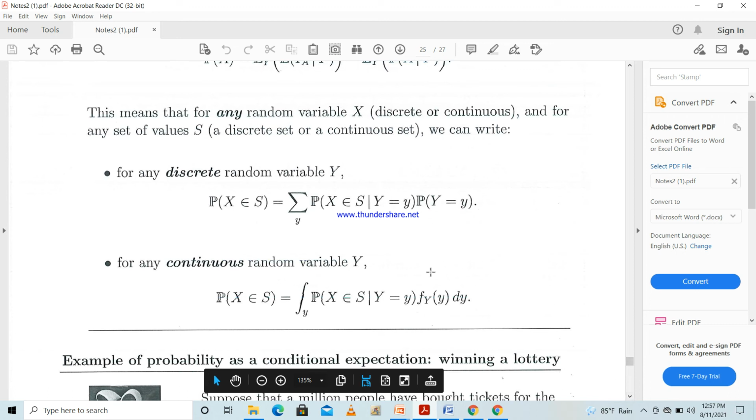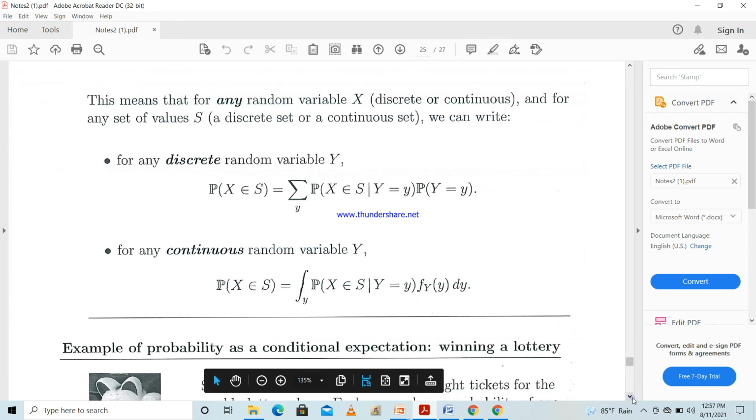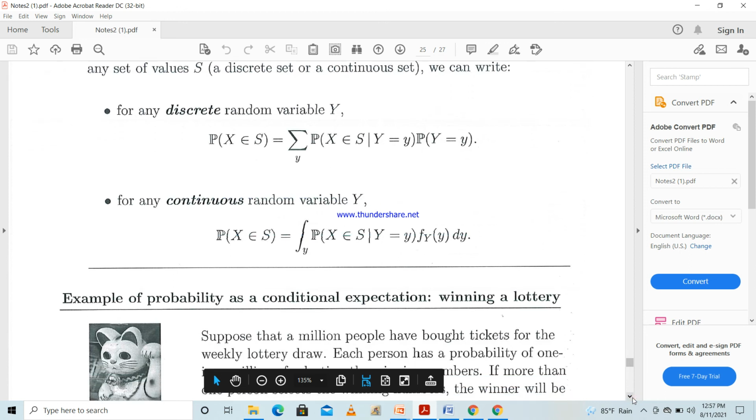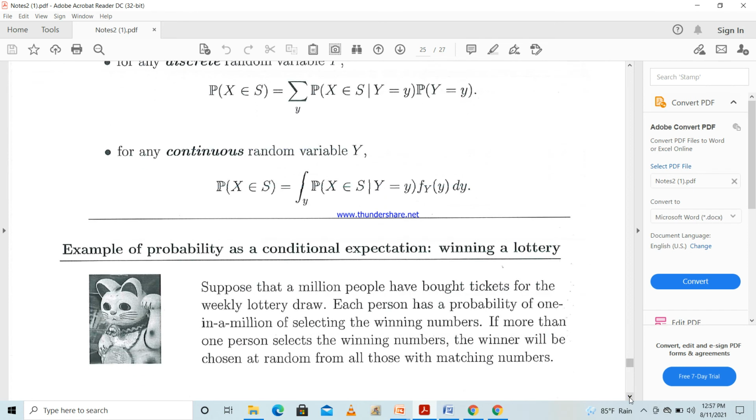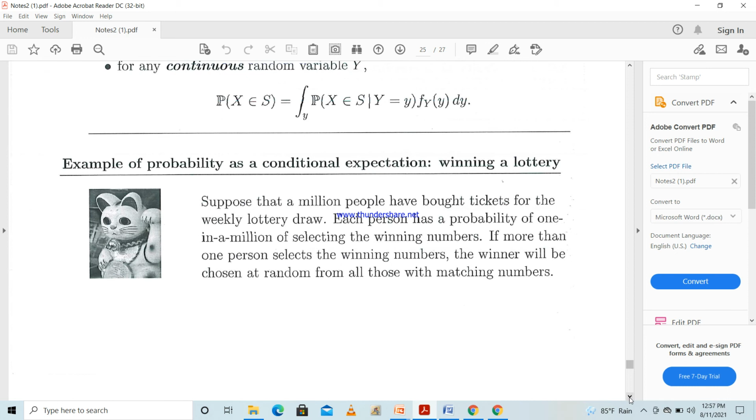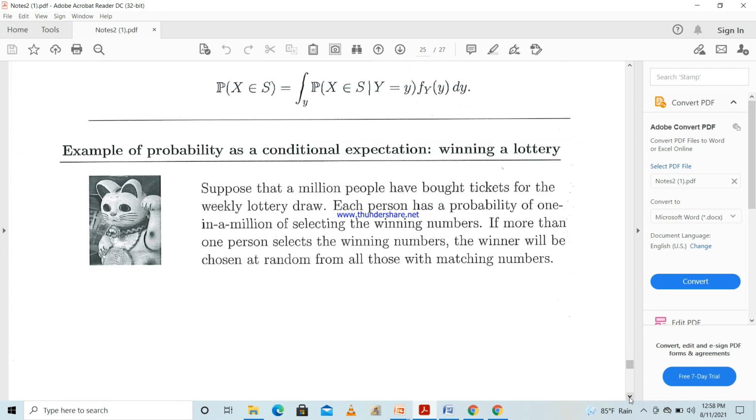So we'll see how to use these expectations with an example. Here is the example of probability as a conditional expectation. It's about buying a lottery. Let's say 1 million people have bought tickets, and each person has a 1 in a million chance of selecting the winning numbers. If more than one person selects the winning numbers, they will choose the winner at random from all the winners.